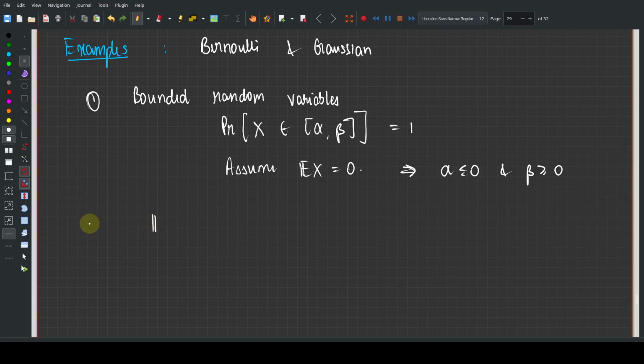What I want to show is that the expected value of e to the x square by k4 square is less than or equal to 2 for some constant k4. If I'm able to show this, then it's going to be subgaussian with variance factor some constant times k4 square. Can I prove this?